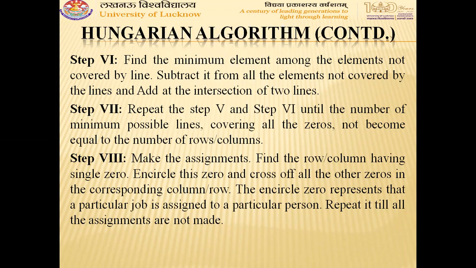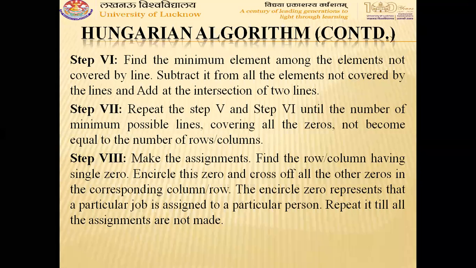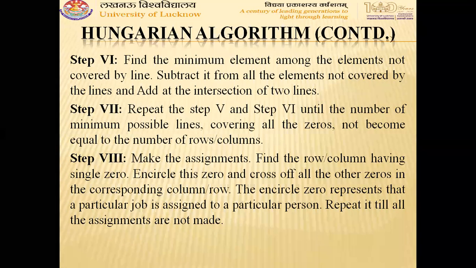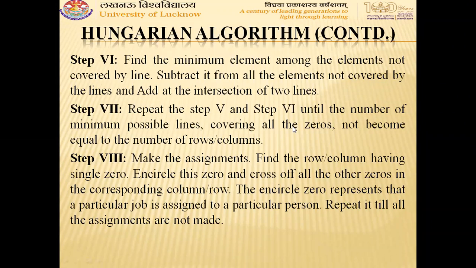That is, find the row or column having a single zero, then encircle this zero and cross the other zeros in the corresponding column or row. If a single zero is obtained in a row, then other zeros in the column are removed, or if a single zero is obtained in a column, then zeros of the corresponding row are crossed off.